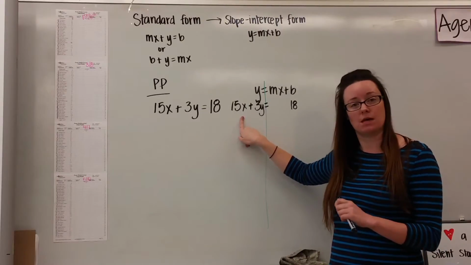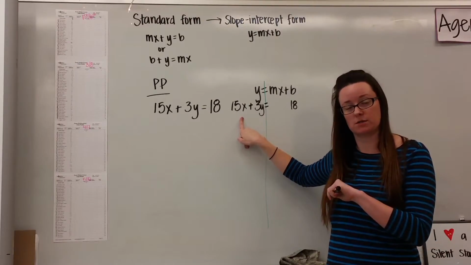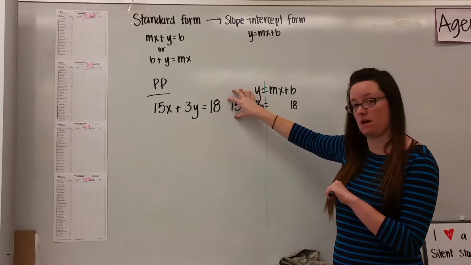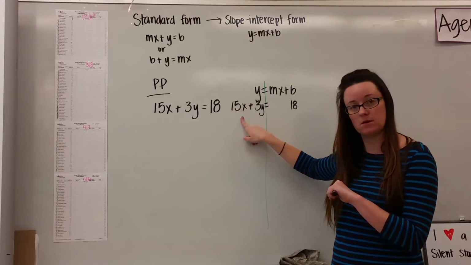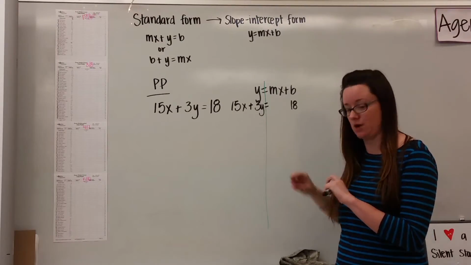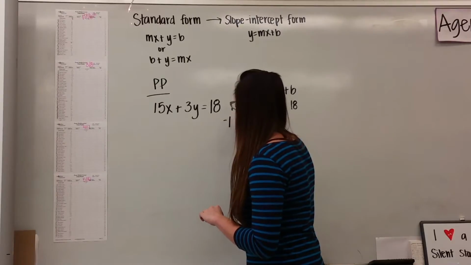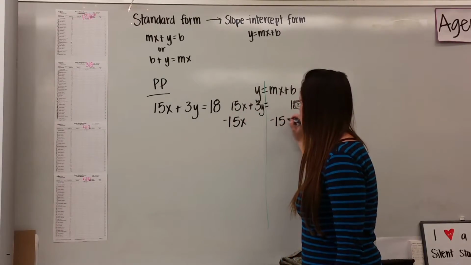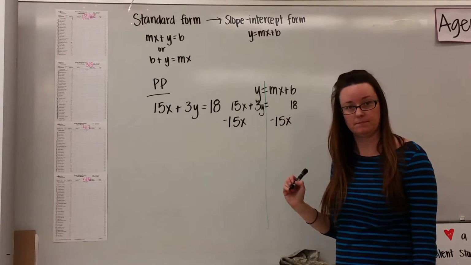So I'm going to do the same thing that we did in the previous practice problem. We wanted to get this value, this 15x, onto the other side. So what did we do? We subtracted. Okay? So we subtracted 15x from both sides.